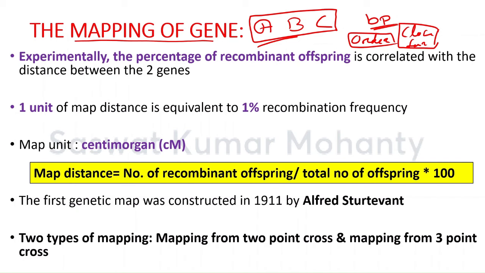As you know about linkage and crossing over, if two genes are close together, the chance of crossing over will be less. If the two genes are far apart, the chance of crossing over will be more. If there is crossing over, the chance of production of recombinant offspring will be more.